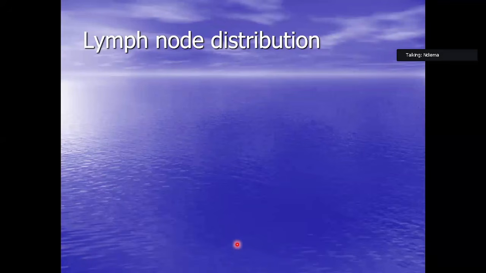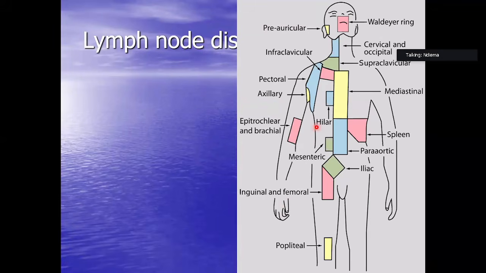Lymph node, and it's very important for antigen presenting. Lymph nodes also are involved in recirculation of lymphocytes. The lymphocytes that pass into the tissues get back into the lymph node.